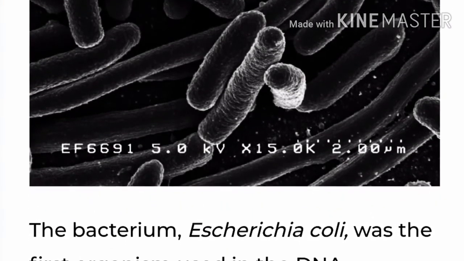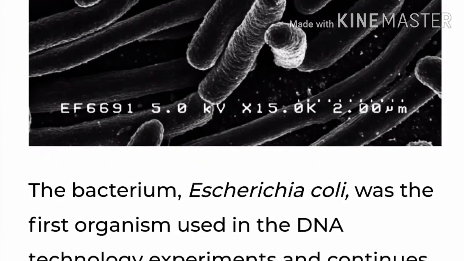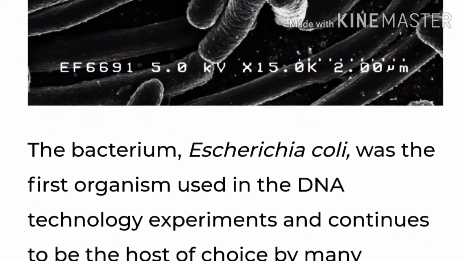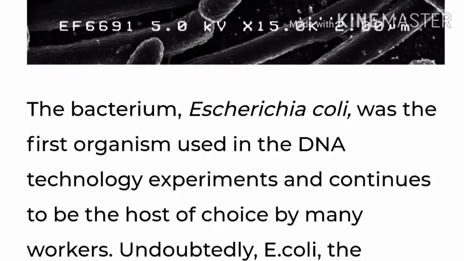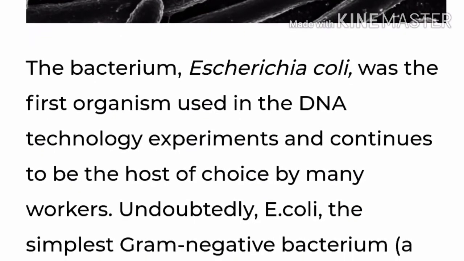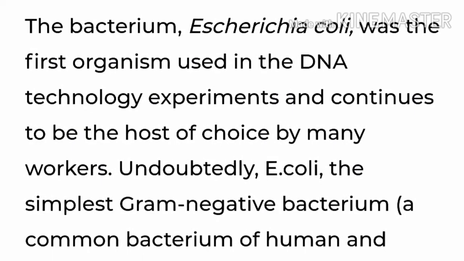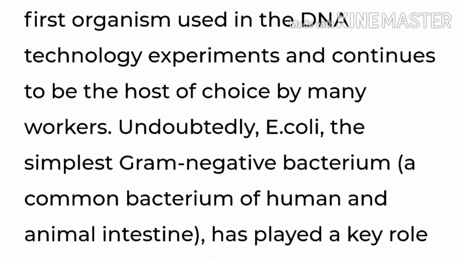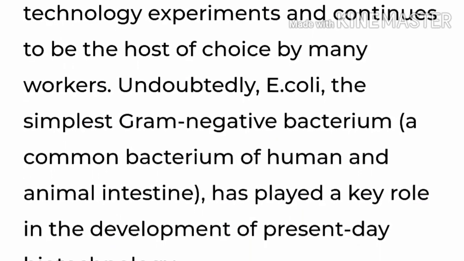The bacterium E. coli was the first organism used in the DNA technology experiments and continues to be the host of choice for many workers. Undoubtedly, E. coli, the simplest gram-negative bacterium, has played a key role in the development of present-day biotechnology.